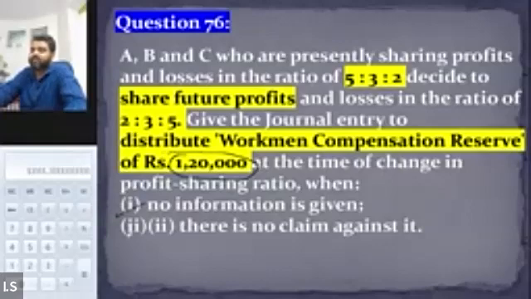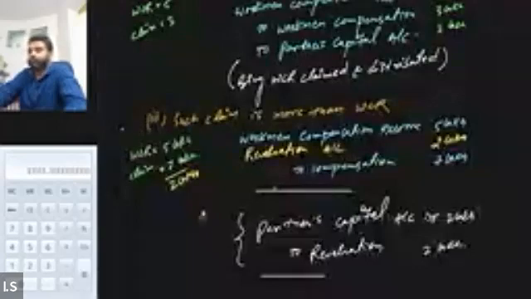And the second part of the question is saying that there is no claim against it. So whether there is no information given in the question or there is no claim made by the employees, in both these situations, we need to do the same kind of entry, same transaction. Got it, everyone? Let me show you how this will be done.